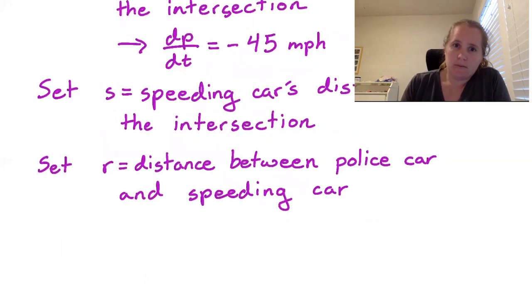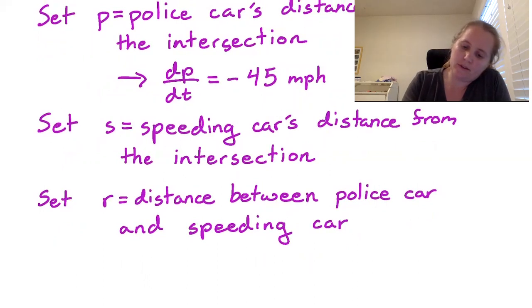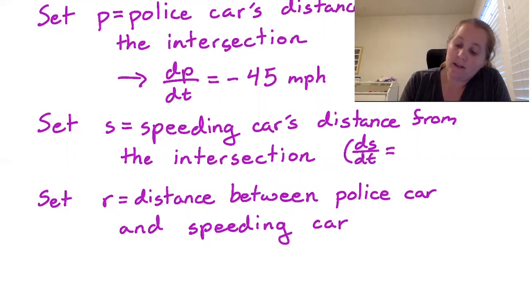And then I should have put for these other ones: dS/dt would be the speeding car's speed away from the intersection, right?